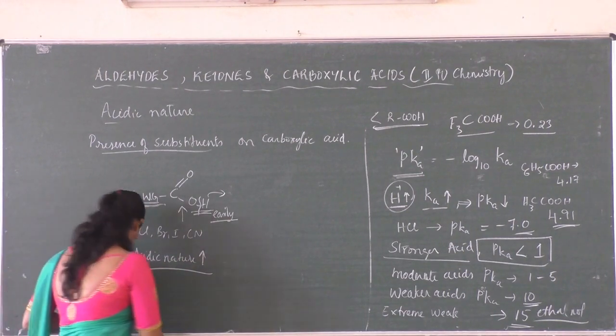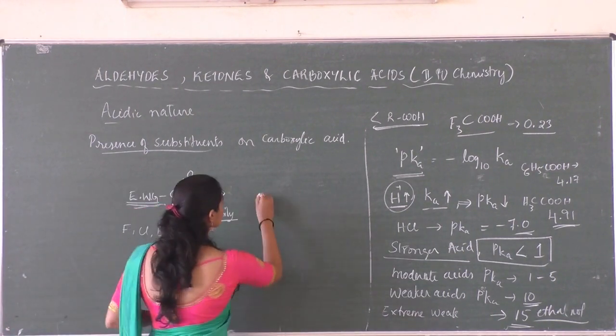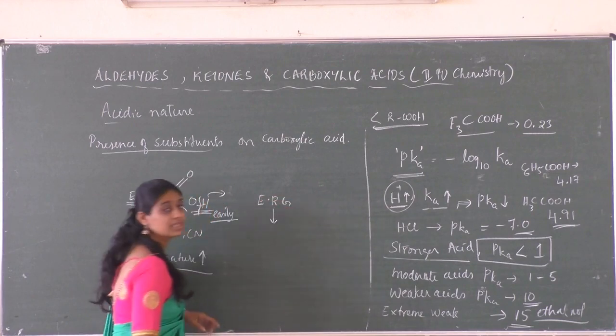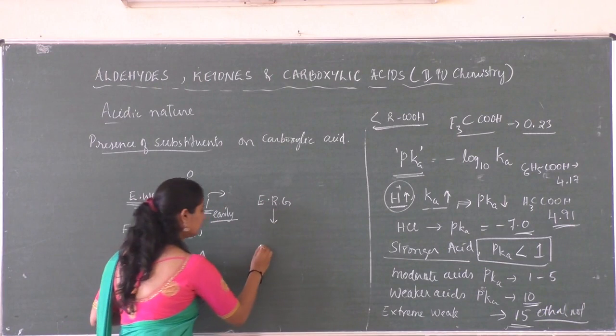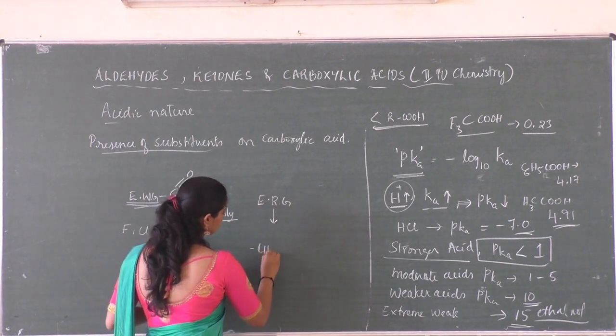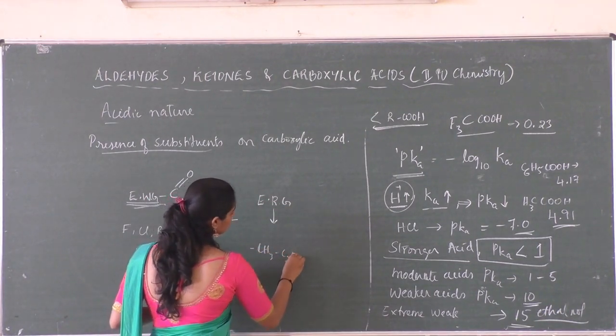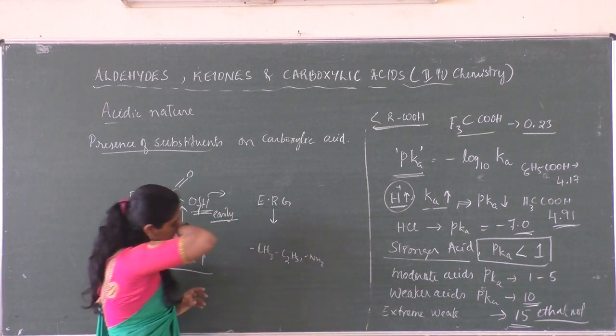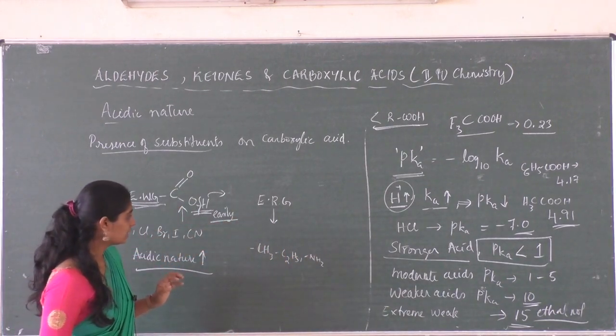Whereas, what are the electron releasing groups? For example, it may be an alkyl group, CH3 group, or C2H5 group, or NH2 group. These are the electron releasing groups.